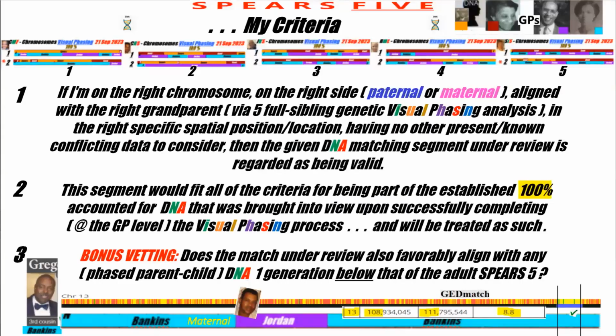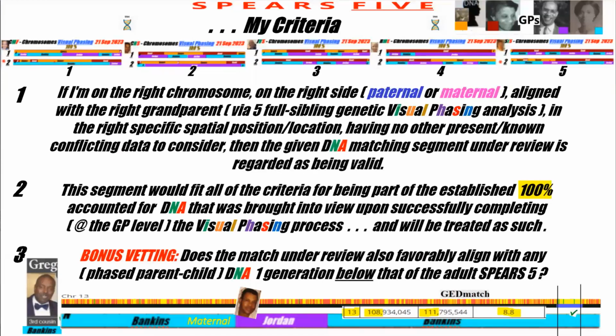If I'm on the right chromosome, say chromosome 13, and I'm on the right side of the chromosome, say maternal, and I'm aligned to the right grandparent, say Bankins, and I'm using the Spears 5 visual phasing process, which I've done, and I'm looking at the specific spatial location, say 108 to 111, and I'm having no other known or potential conflicts to have to consider, then this match is going to be considered a valid match.